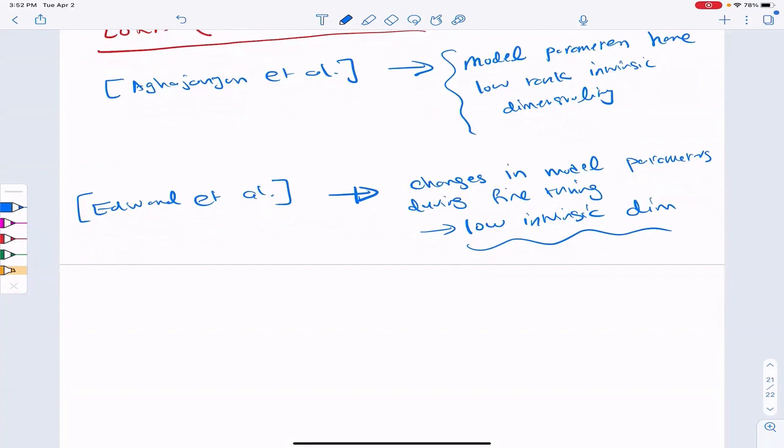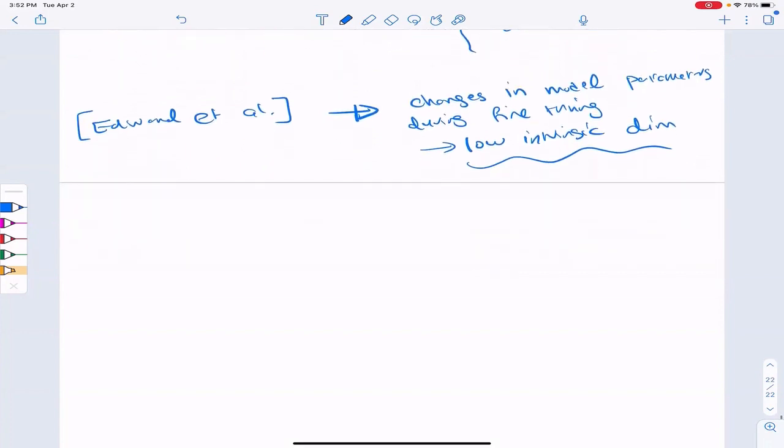Based on this observation, they suggested a really simple idea. Suppose you have a set of weights in your model, W, and you want to update these weights in fine-tuning.